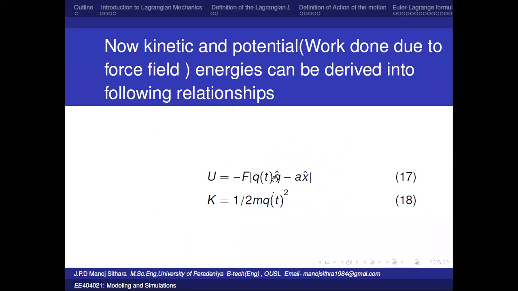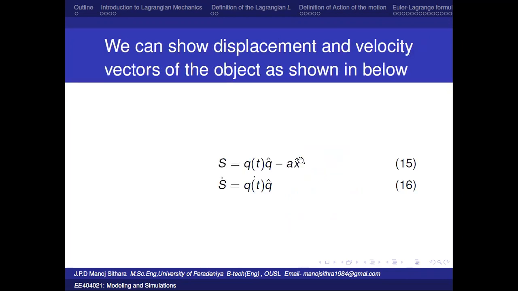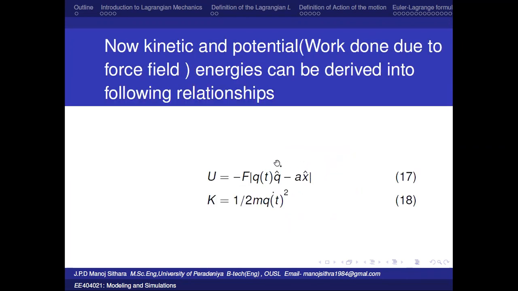Since this object moves in the opposite direction of the vector field, a negative work done can be assumed as the potential energy, right? And the modulus form represents the magnitude of the displacement, right?